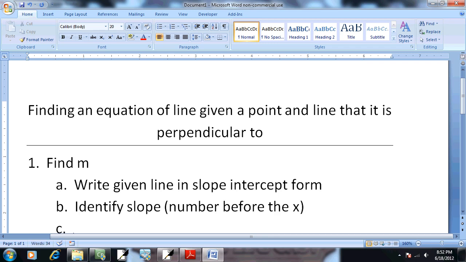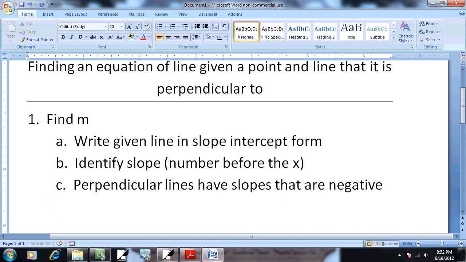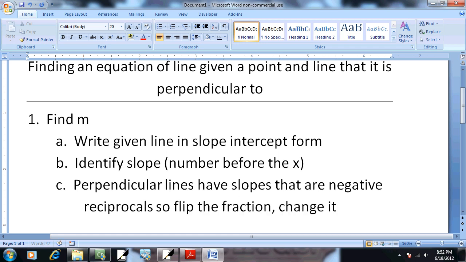C, perpendicular lines have slopes that are negative reciprocals. So flip the fraction, change the sign.